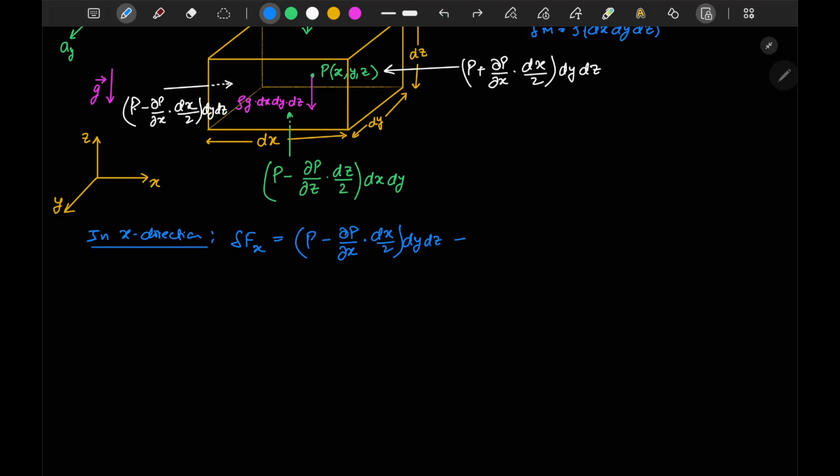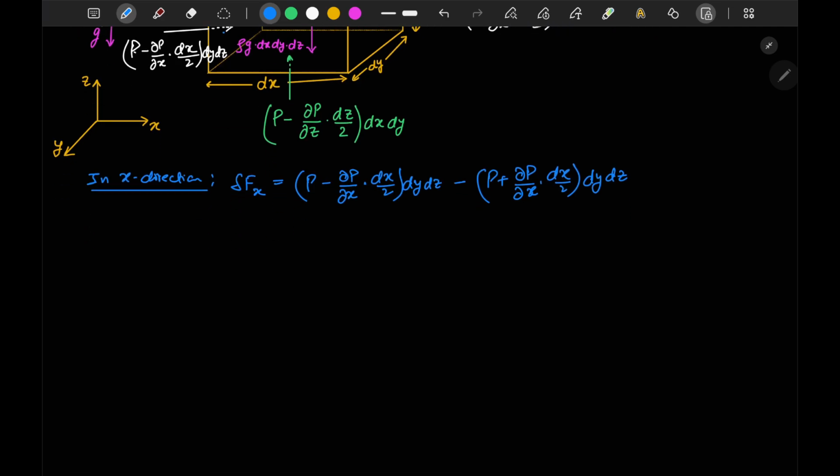The net force will be the force in this direction minus the force in the opposite direction, minus p plus del p by del x times dx by 2 times dy dz. This is your force in the x direction.